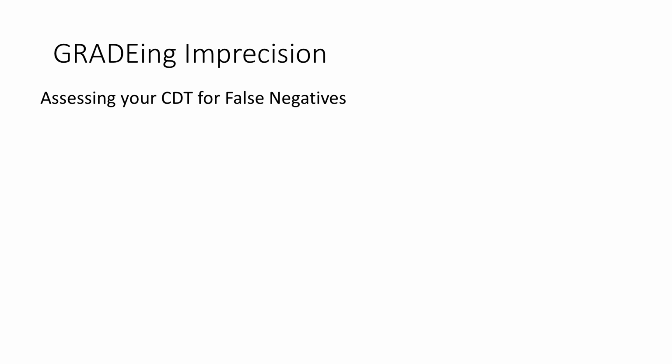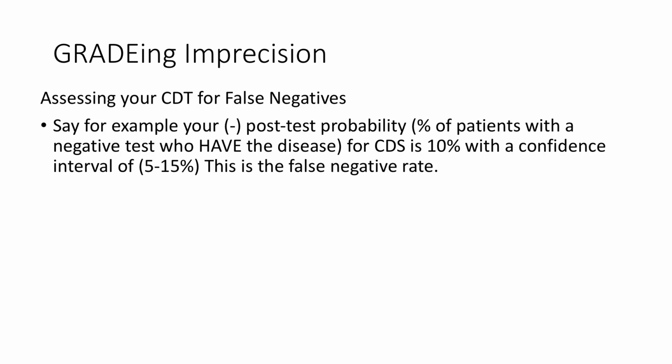Let's look at how you would assess your clinical decision threshold for false negatives. So say, for example, you have a negative post-test probability, and remember, this represents the percentage of patients with a negative test who have the disease, for the clinical dehydration score is 10%, and the confidence interval is between 5 and 15%. And remember, this is the false negative rate.